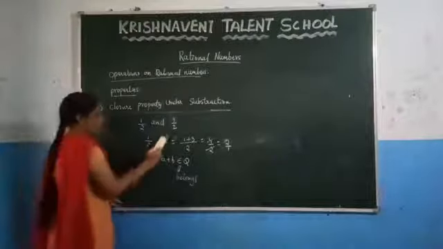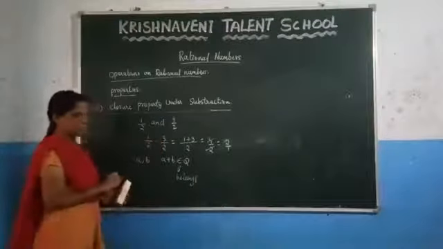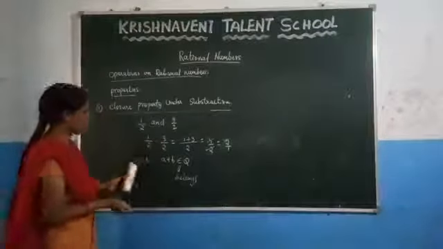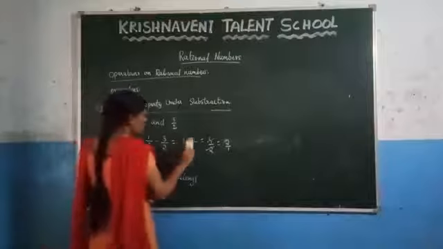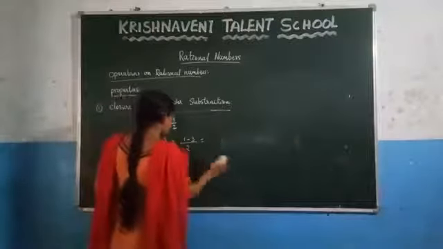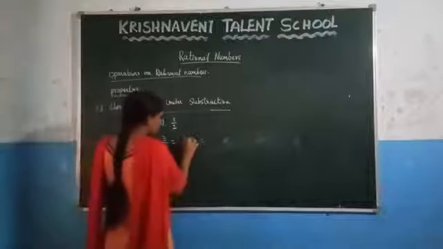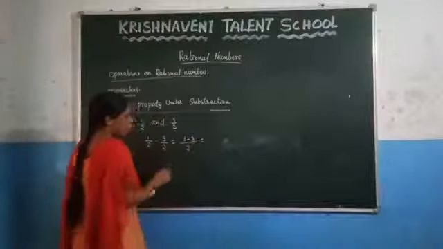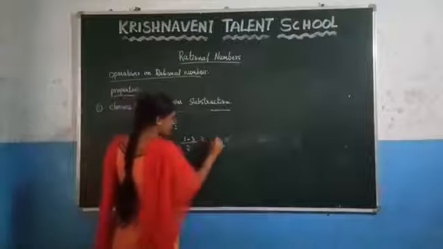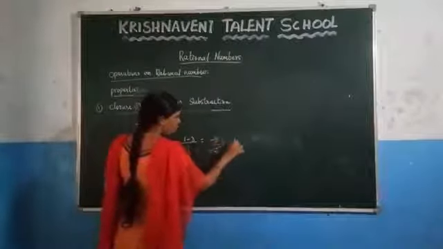Now consider these two rational numbers and just subtract them. After subtracting, what will you get here? 1 minus 3 is there. So what is the value of minus 3 plus 1? It is minus 2 by 2. After cancellation you get minus 1.